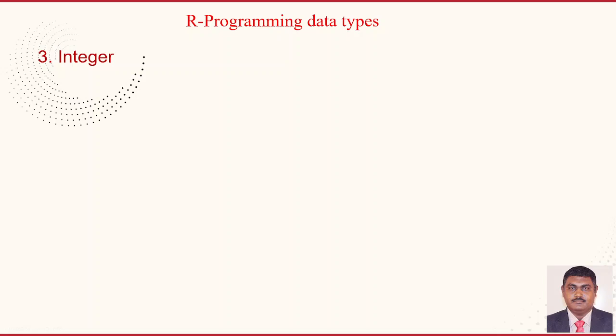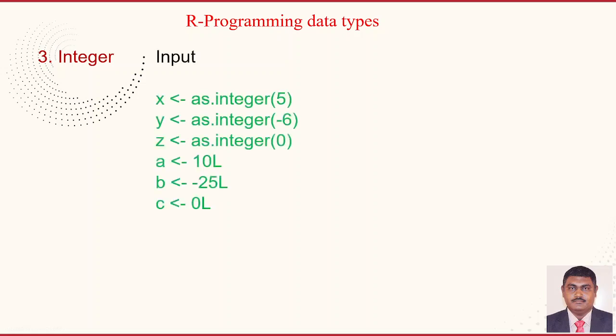Now let us see how the syntax is used for integer in R programming. You see the input x tends to as.integer(5), y tends to as.integer(-6), z tends to as.integer(0). That means a positive value, a negative value, and a zero value.